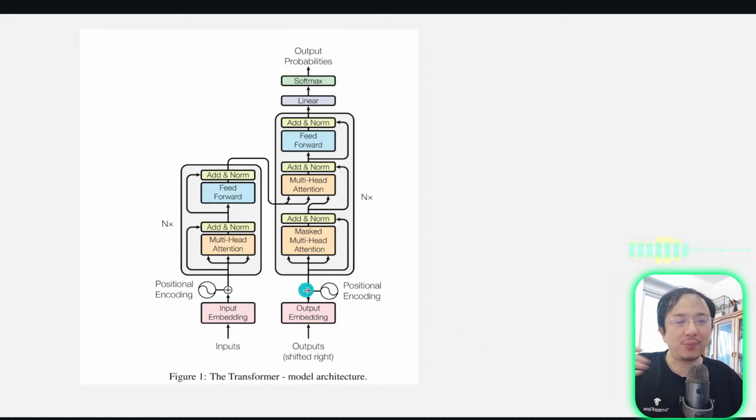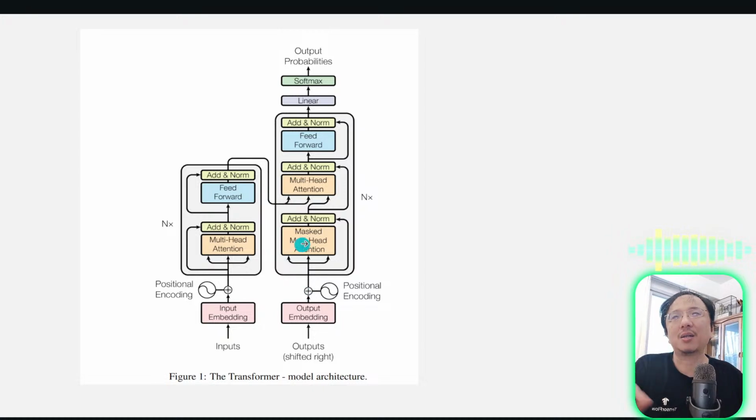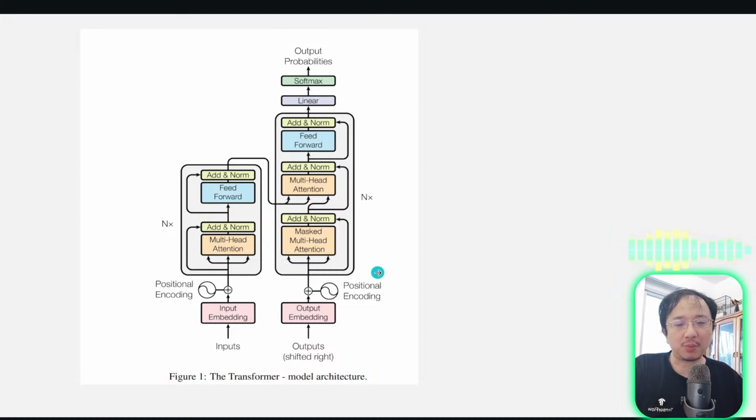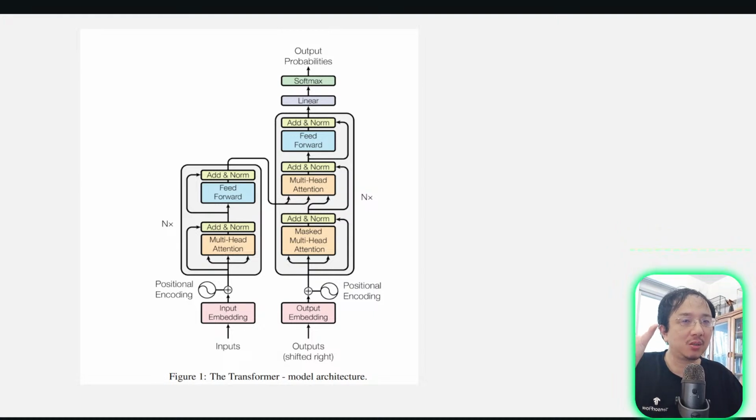And that is the reason why decoder models are more suitable for generative models, because in the scenario of generating text, we don't have access to the future tokens because those tokens are not yet generated.